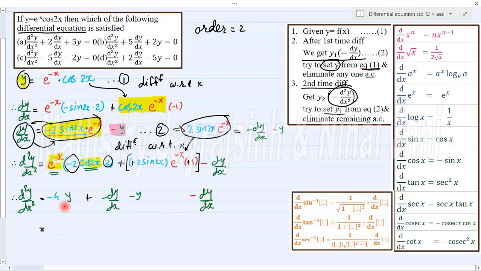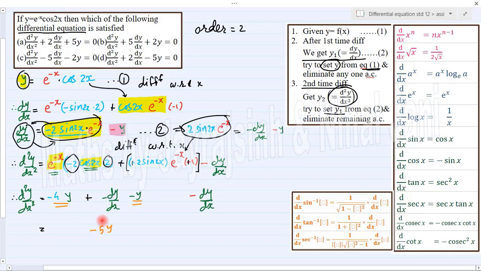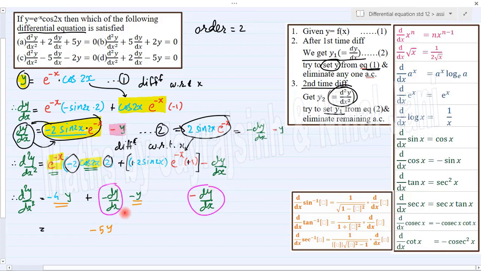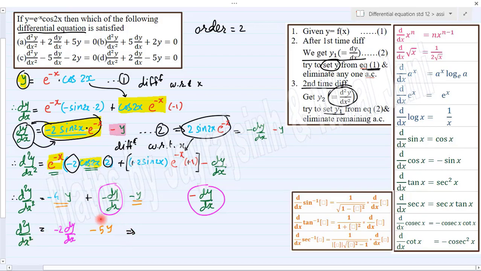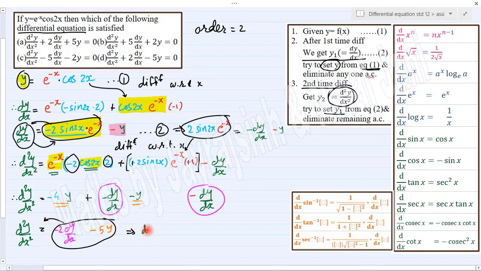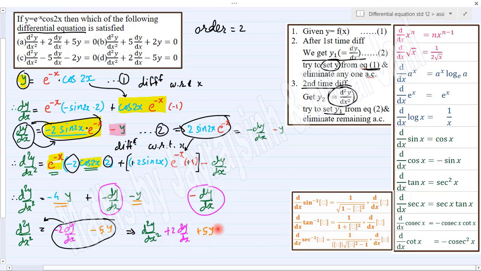So here we'll get minus 4y and minus y will be minus 5y, and minus dy by dx and minus dy by dx will become minus 2 times dy by dx. Now to get our answer, we just have to take these two terms on the left side. So we will get d square y by dx square plus 2 dy by dx plus 5y is equal to 0, which is given in option A. Ta-da!